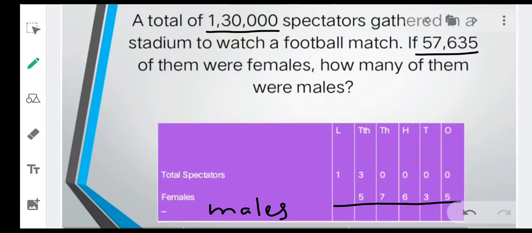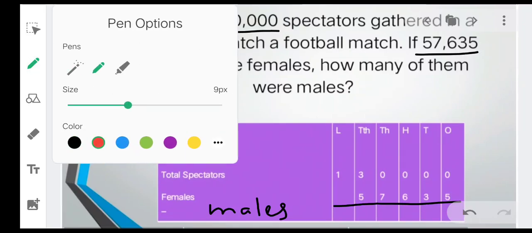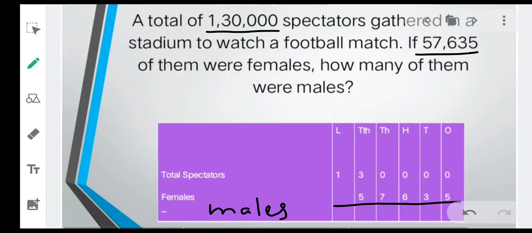Okay students, now we are going to solve it, and you know that whenever we solve, we have to start from the ones. Okay, we started. Total spectators, I have already written down 1,30,000, and I am subtracting the females. So 0 minus 5, not possible.